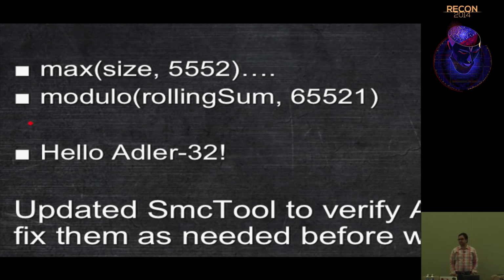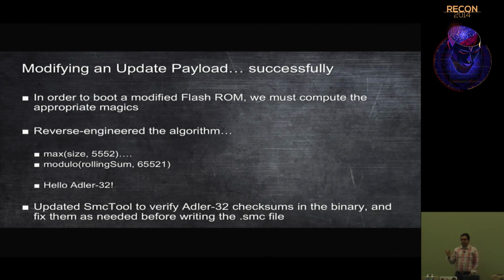So it was basically just Adler32. Simple enough to compute that, and I updated my tool to take a binary file from IDA, compute the correct Adler32 sums for the regions, write the correct Adler32 sums in the SMC file, compute the sums for the SMC file, and flash the payload successfully.